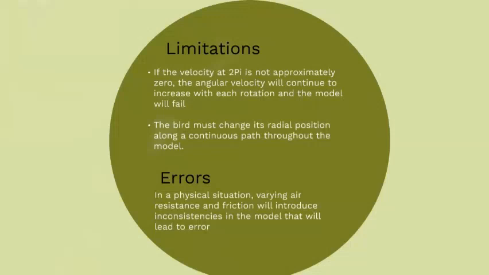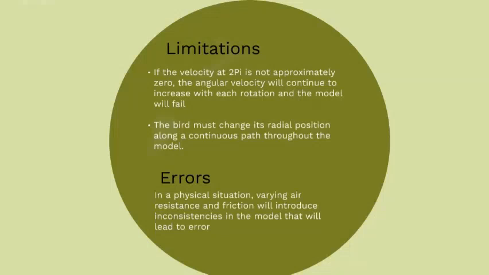There are some limitations in our model. First, if the velocity at 2 pi is not approximately 0, the angular velocity will continue to increase with each rotation. Time increments will change and the model will break down and fail. Also, the bird must change its radial position along a continuous path throughout the model.